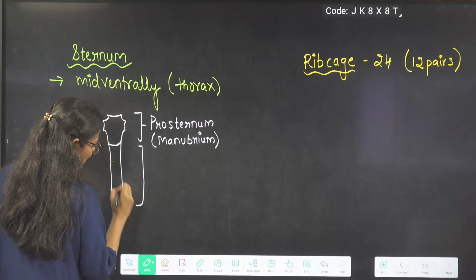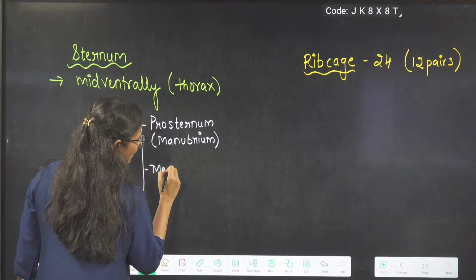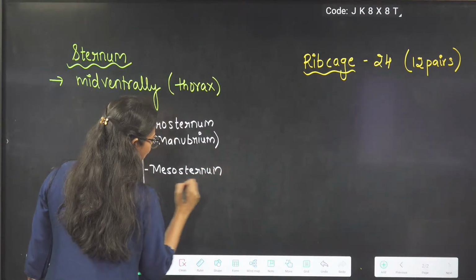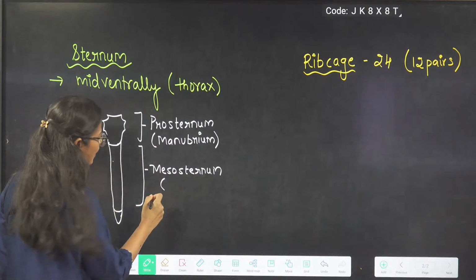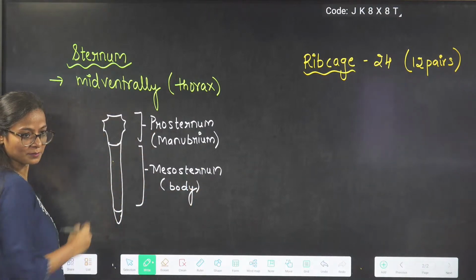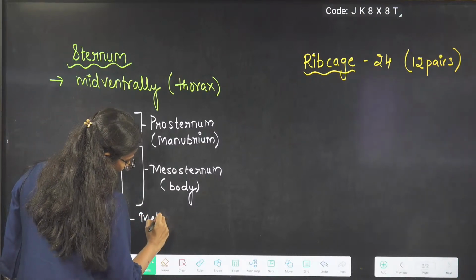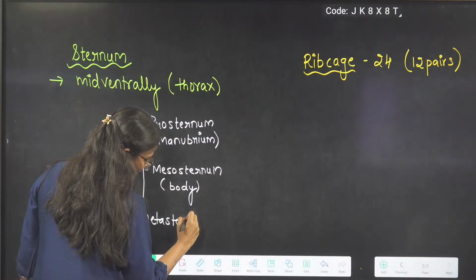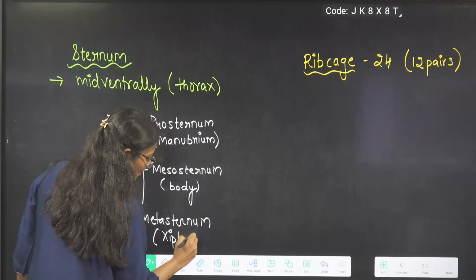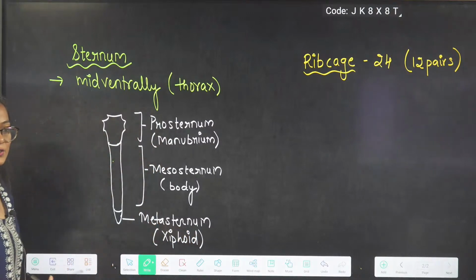Then the middle part is called the mesosternum, and in common terms, we can call it the body of the sternum. This is the main body of the sternum, right? Then the last part is called the metasternum, and it is also called the xiphoid. Xiphoid process, xiphoid extension, right?